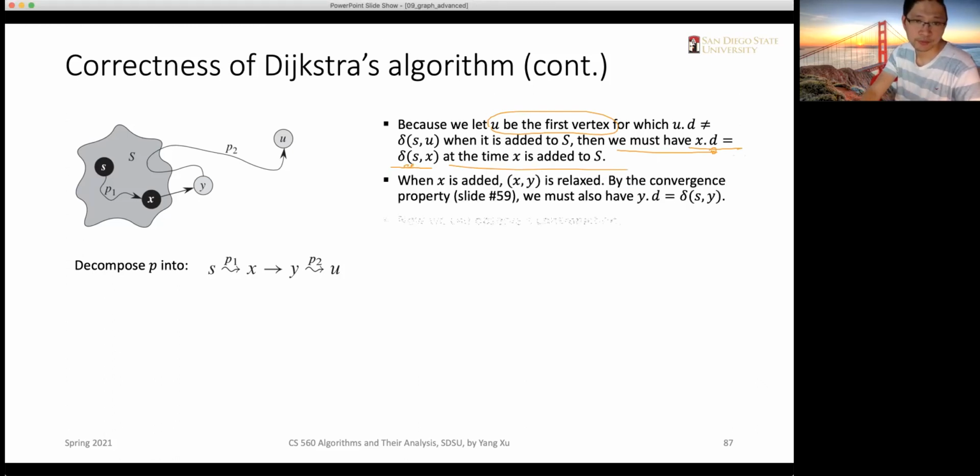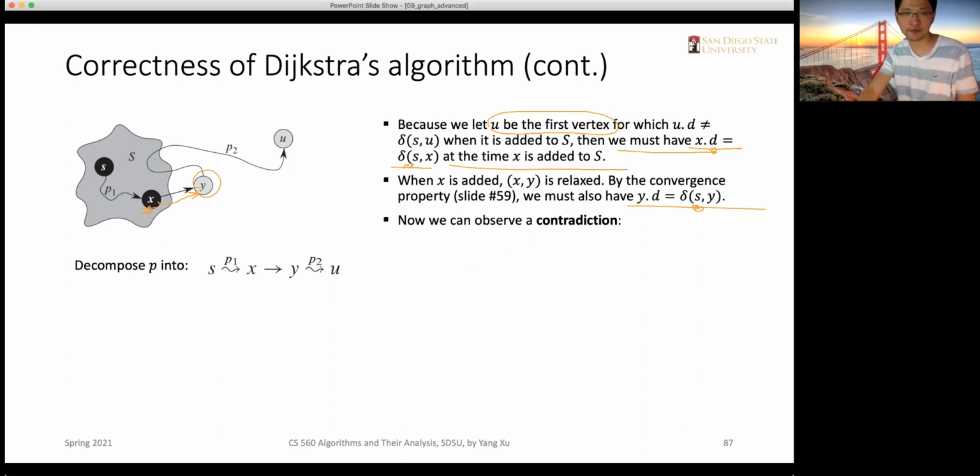Because that's our assumption. Okay, so when x is added, the edge from x to y is relaxed, right? So by the convergence property, once x has reached the theoretical minimum, and then we relax the edge from x to y, then we must have y.d also reach the theoretical minimum. Okay, so that's by the convergence property.